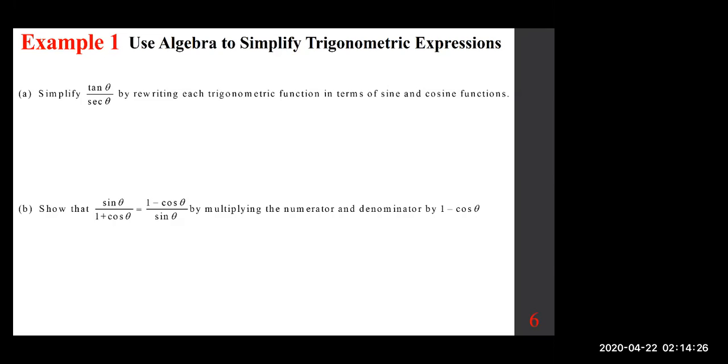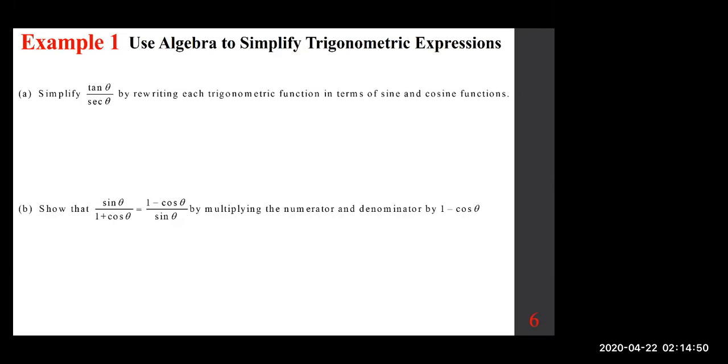So tangent theta, we can write it as what? Sine over cosine. Beautiful. Secant theta, we can write it as? In most basic form, 1 over cosine theta. Beautiful, Kamal.